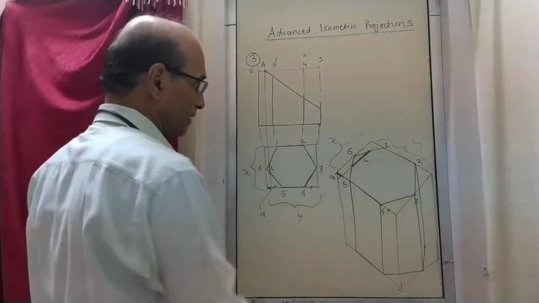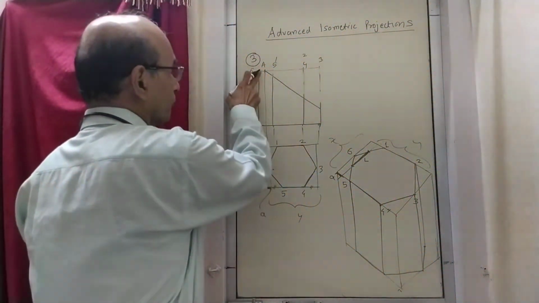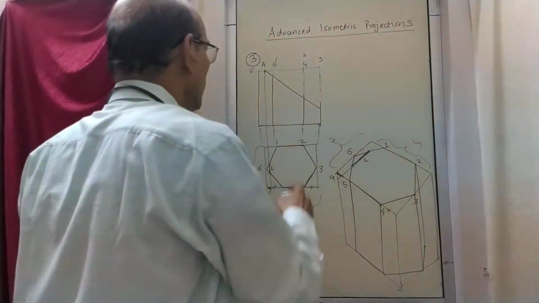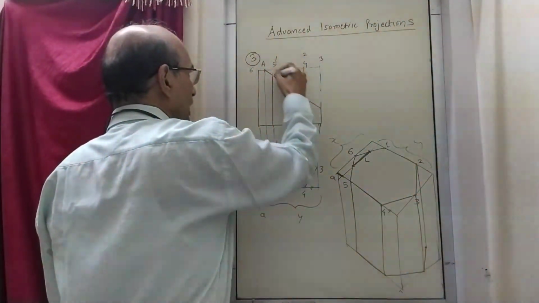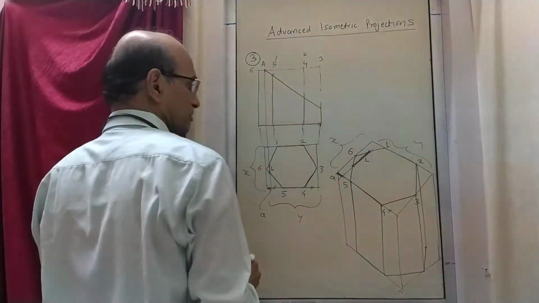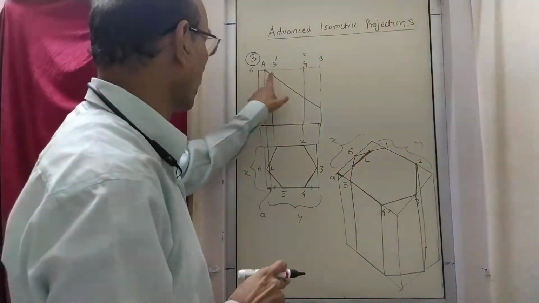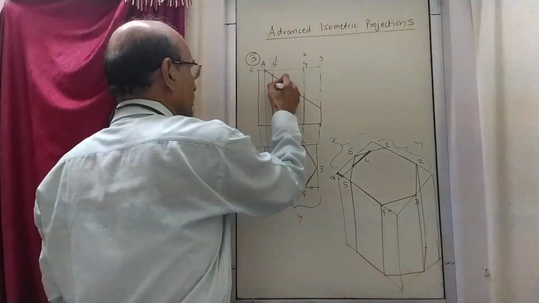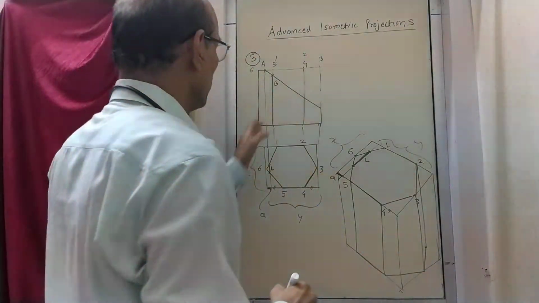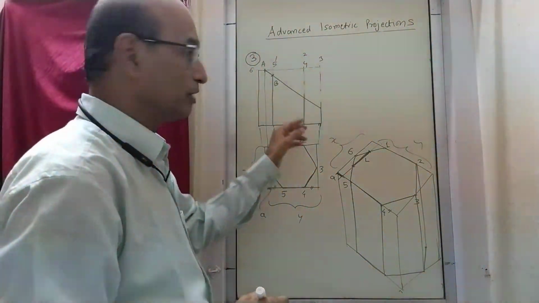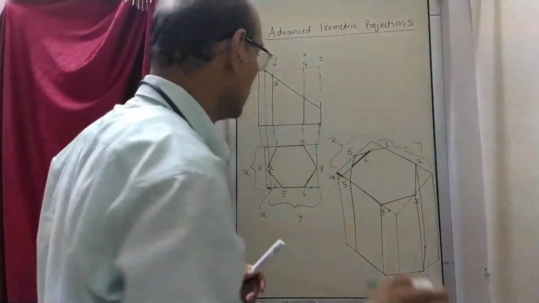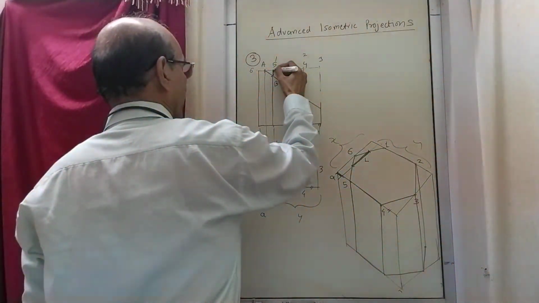So now the inclined plane starts from here, and when you see here, it is cutting this line at 5 at this place. So where do you draw this point? Suppose I call this point B. Then where is this point B? B is on line 5, and it is down by this much amount.